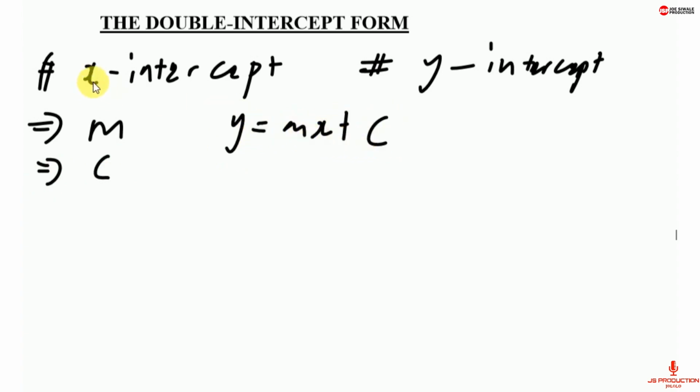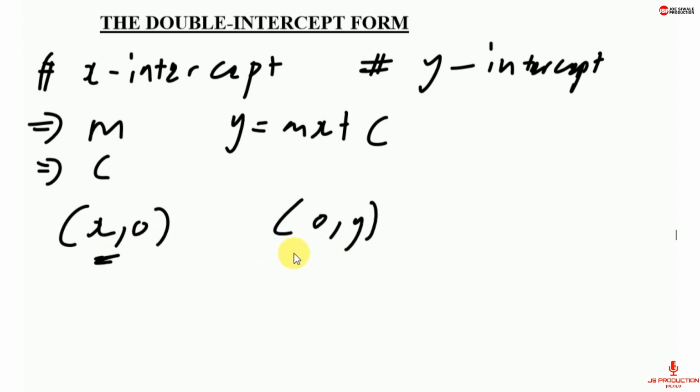So the x-intercept is going to be in this form: x comma 0, so you're going to have a value there. And for your y-intercept, we're going to have 0 comma y, so our y is going to be known. And if we've been given these two pieces of information, we can calculate our gradient.